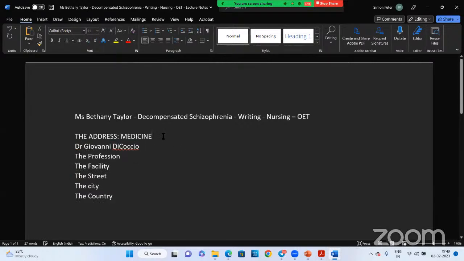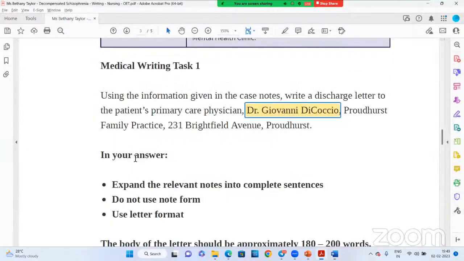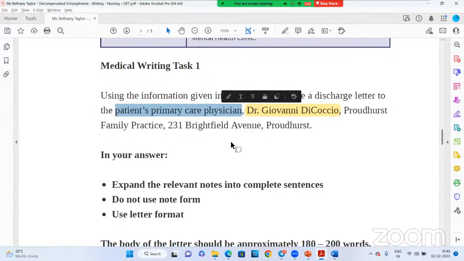First we got the name of the doctor. Then next is the patient's primary care physician.